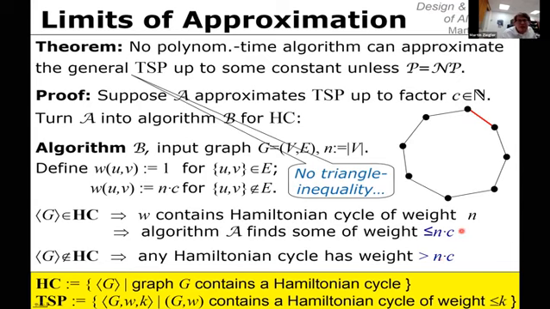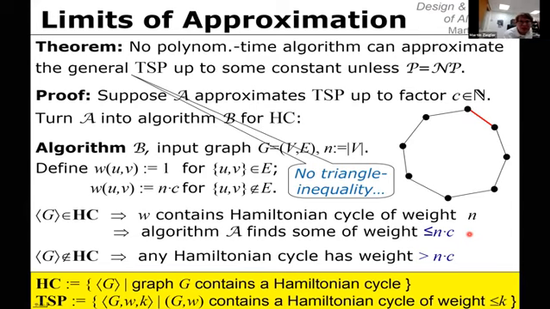So we have this dichotomy of the original decision problem. Yes, it has a Hamiltonian cycle. No, it has no Hamiltonian cycle. This is now translated into a dichotomy on the weights of the tour returned by the approximation algorithm. In the first case, the traveling salesperson tour returned will have weight at most n times c.